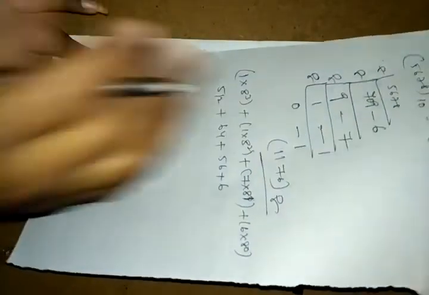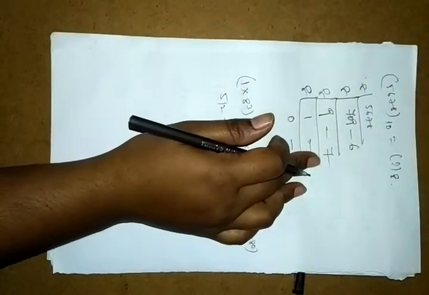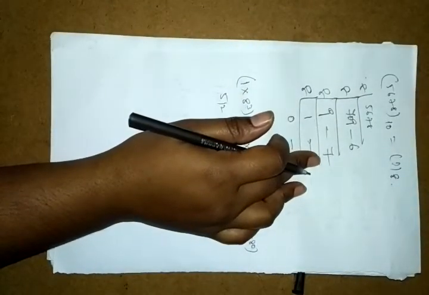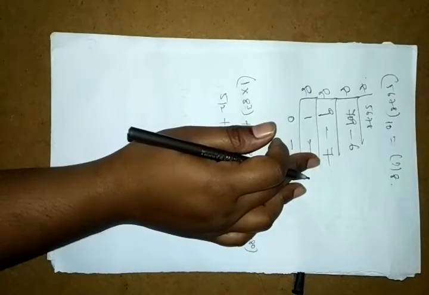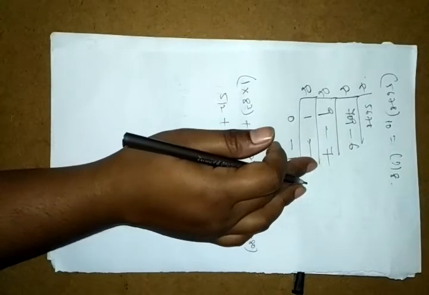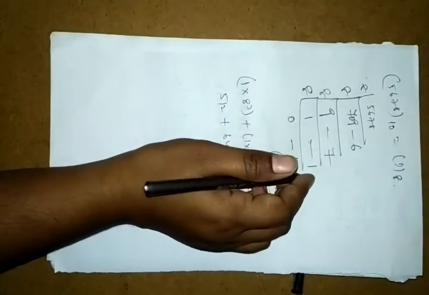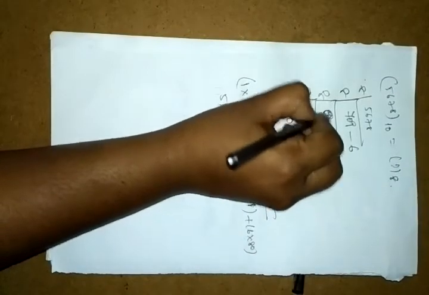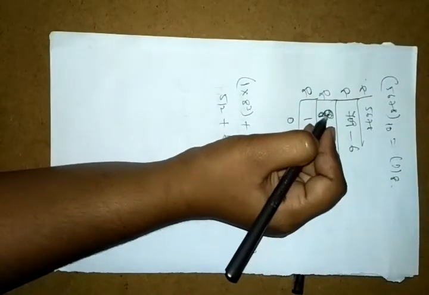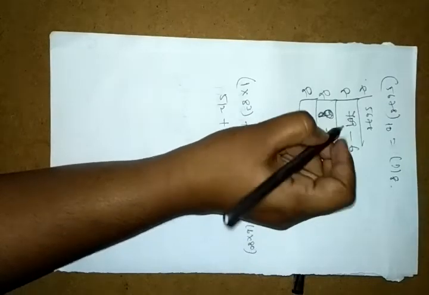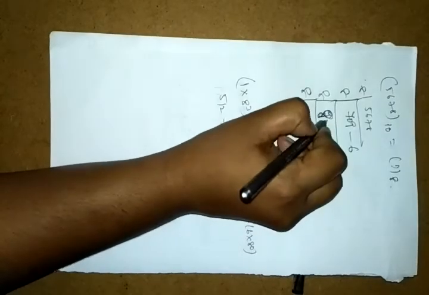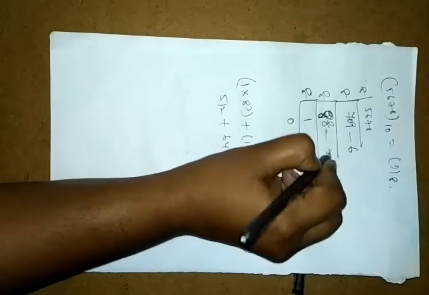Yes, here we'll get 709. Okay, 9. So 70: 8 eights are 64, so here we'll get 6. 69 again: 8 eights are 64, and again we'll get 5 here.